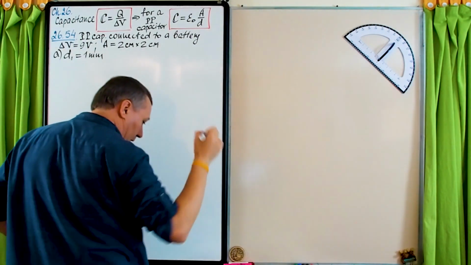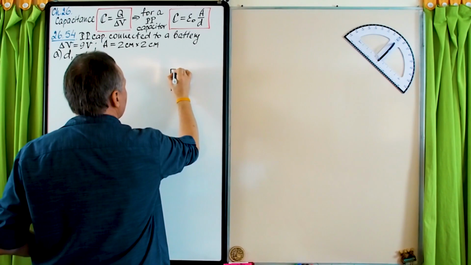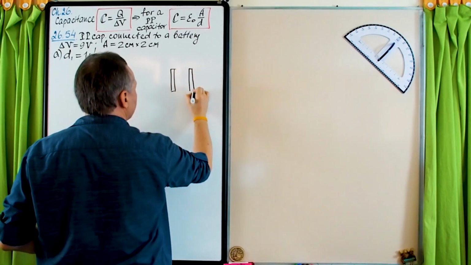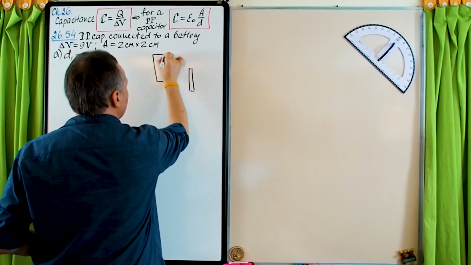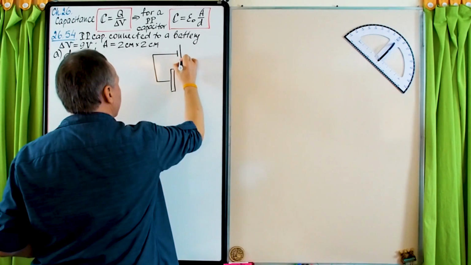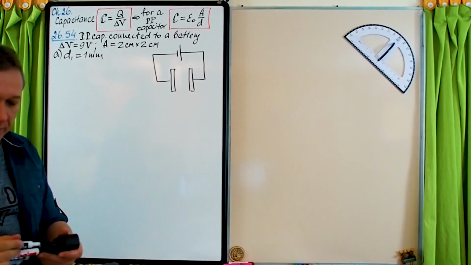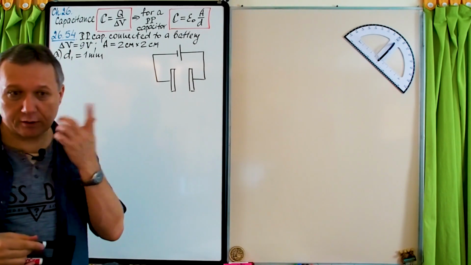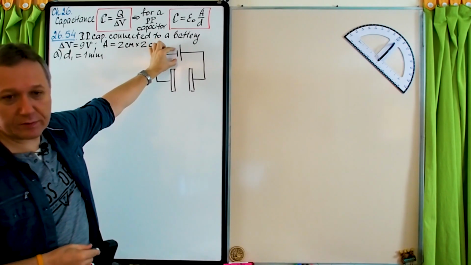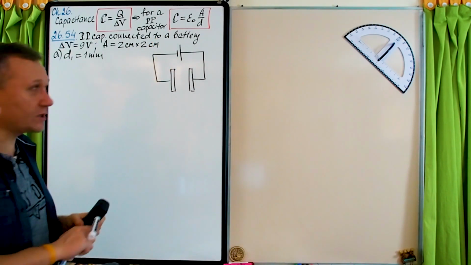Let me sketch the situation. We have a capacitor connected to a battery, and I put this polarity. Most of you are familiar with symbols in circuitry. This is the symbol of a battery: the smaller bar represents the negative electrode, the larger bar represents the positive electrode.